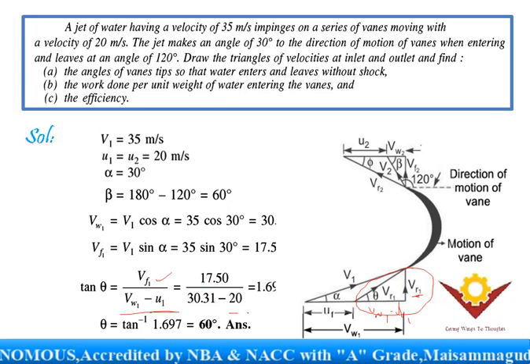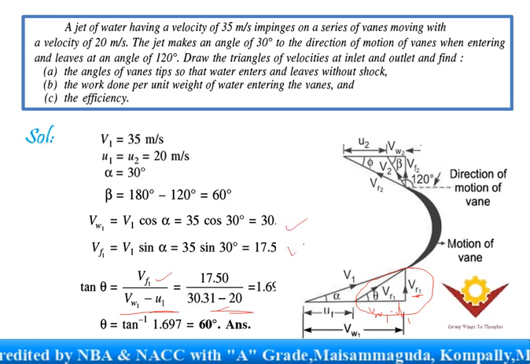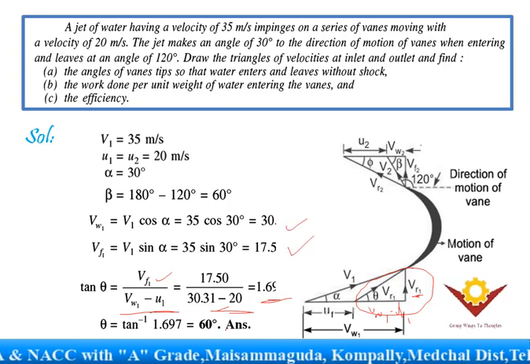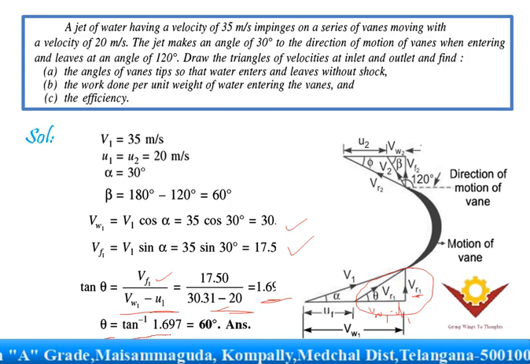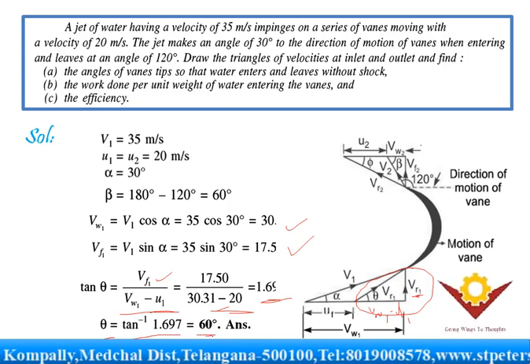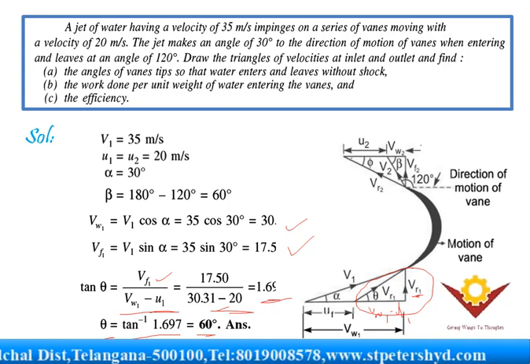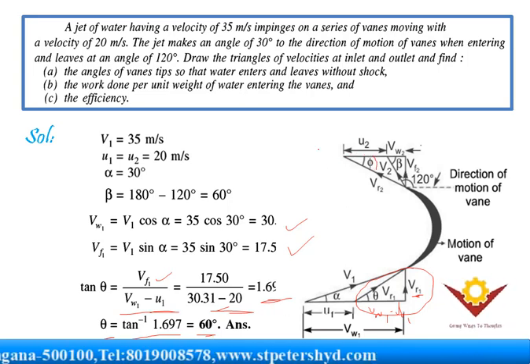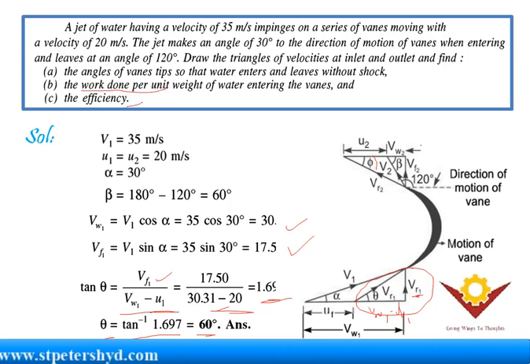If you substitute the values from these two, you're going to get theta equals tan inverse of 1.697, that equals 60 degrees. And still we require this pi value, and after that we have to find the work done per weight and the efficiency.